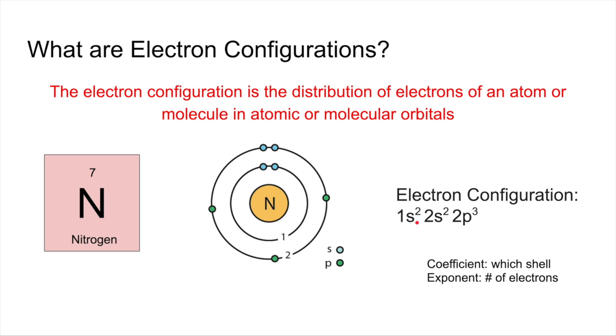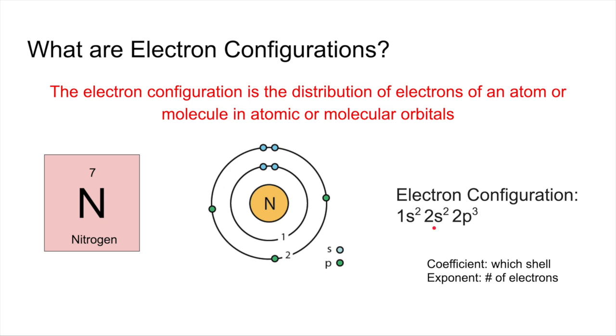So 1s2 means that there are 2 electrons in the S subshell in the first shell. So let's look at the first shell over here. There are 2 electrons, and those 2 electrons, as we can tell, are in the S subshell.